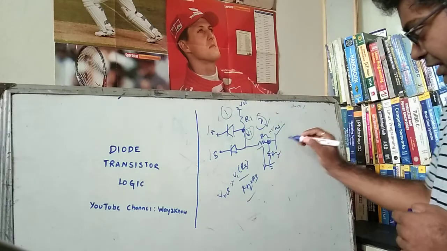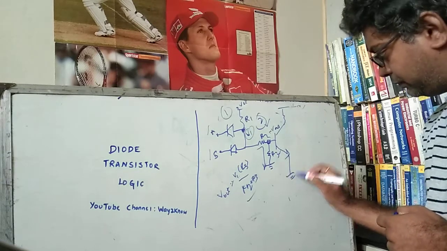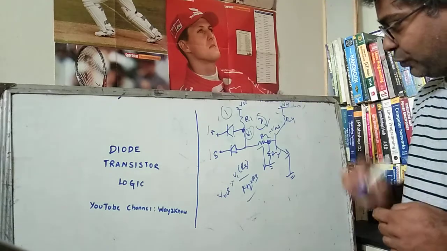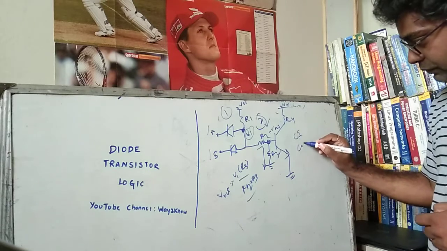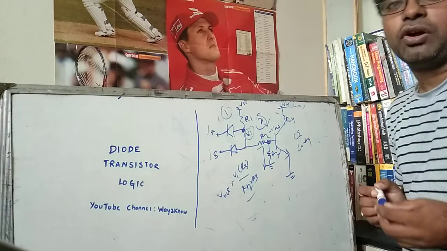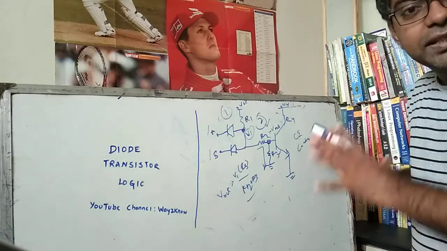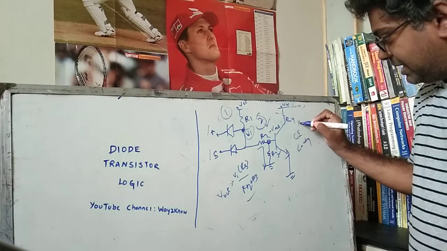Now the third stage is nothing but this. If you take R4 and plus VCC, again the same voltage, this is nothing but a CE configuration, common emitter configuration. So the last stage of this is a common emitter configuration where it acts as an inverter.